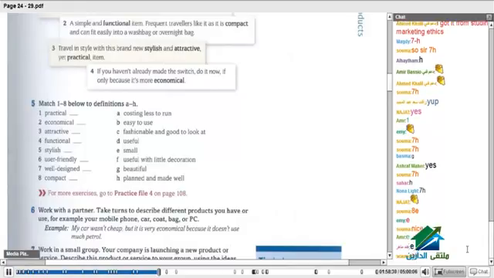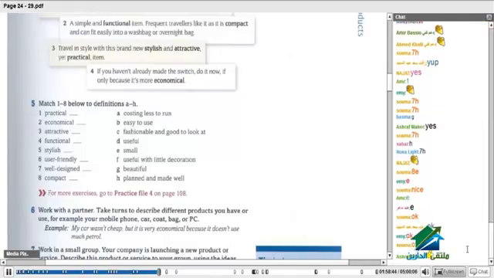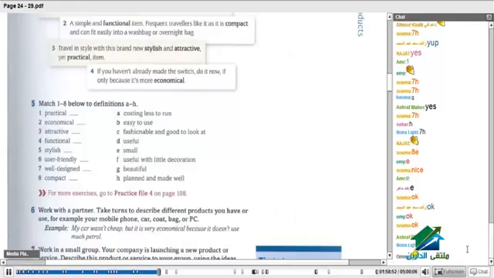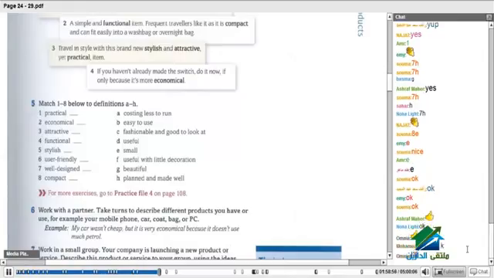Because I can describe any product or any service as practical, economical, attractive, functional, stylish, user-friendly, well-designed and compact. These are descriptions of products or services.